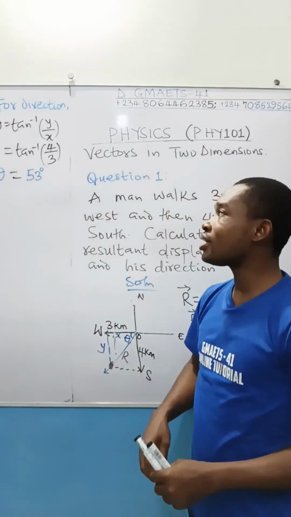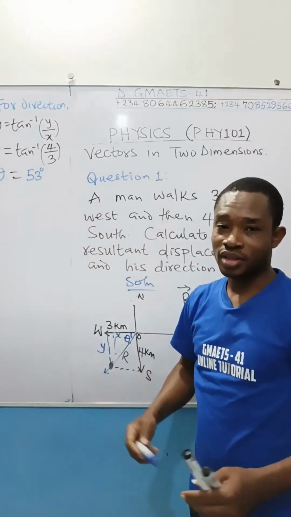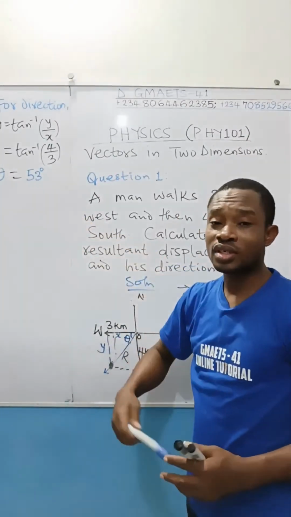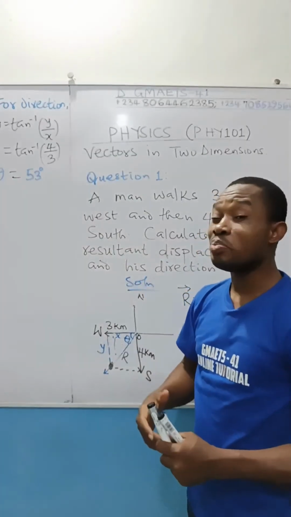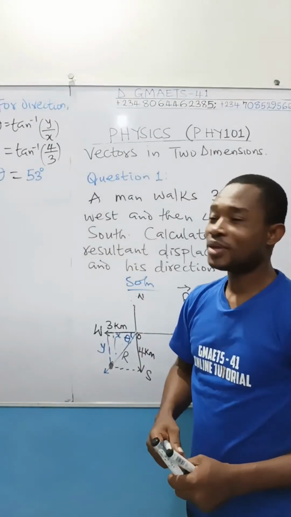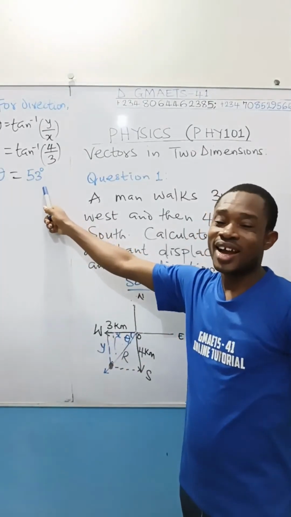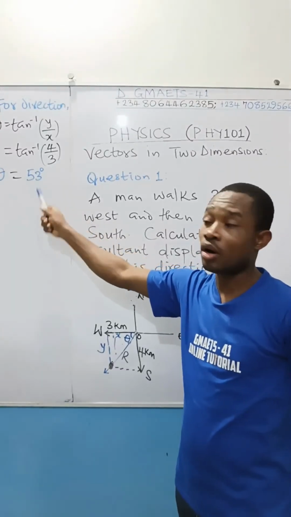Some examiners may leave this in the option and then quote it southwest. But there is how you can also get it better, because this value you are seeing here does not really tell you that the man is moving southwest or west of south.